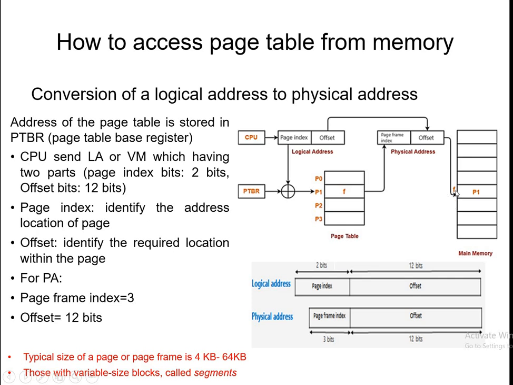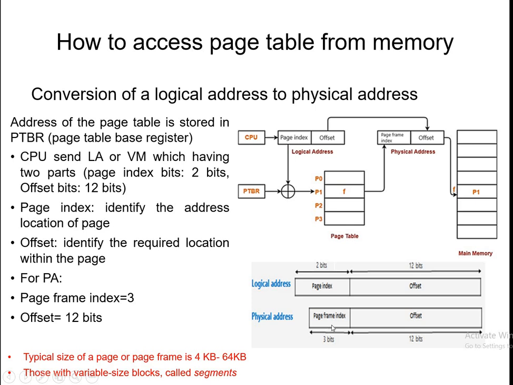So if this is the address of the frame, accordingly the address will be stored over here. In this case, the number of frames in the main memory is 8.